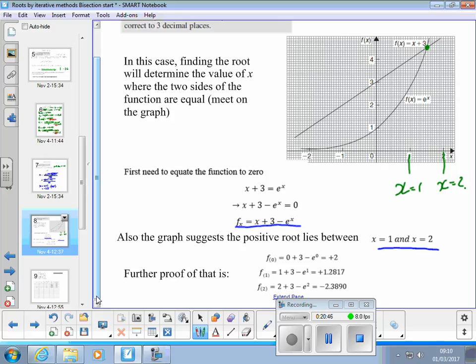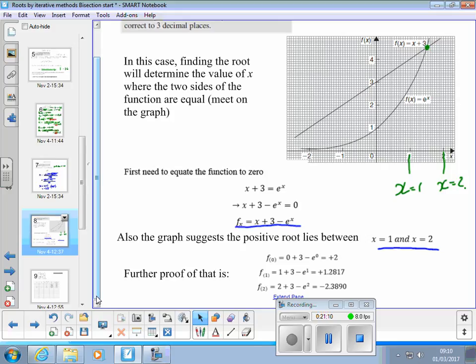But when x is equal to 2, we end up with a negative value. We've got a change of sign there. Therefore, the result is between x equal to 1 and x is equal to 2. So that's two methods to find where our first guess is going to come from.